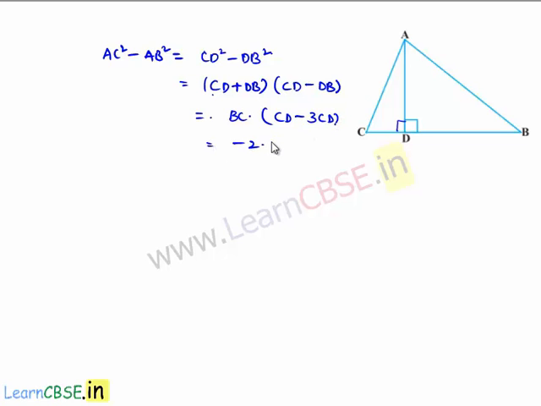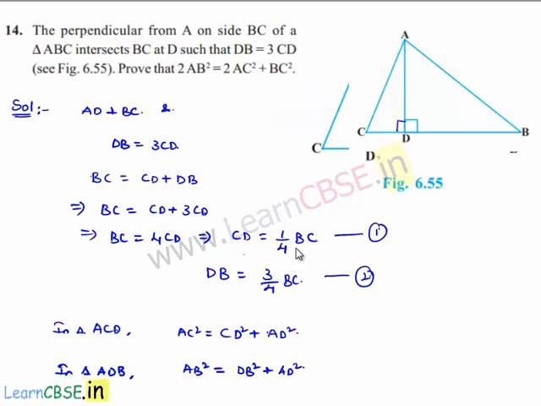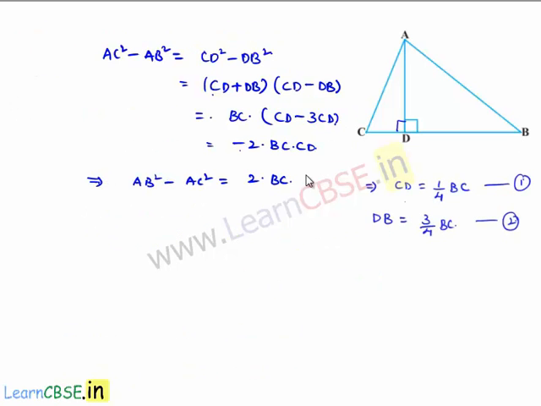Then we get minus 2 times BC into CD. So now, in order to change the sign of right hand side, let us multiply it with minus. Then we get the equation as AB square minus AC square is equal to 2 times BC, and we can write that CD is equal to 1/4 times BC from equation 1.